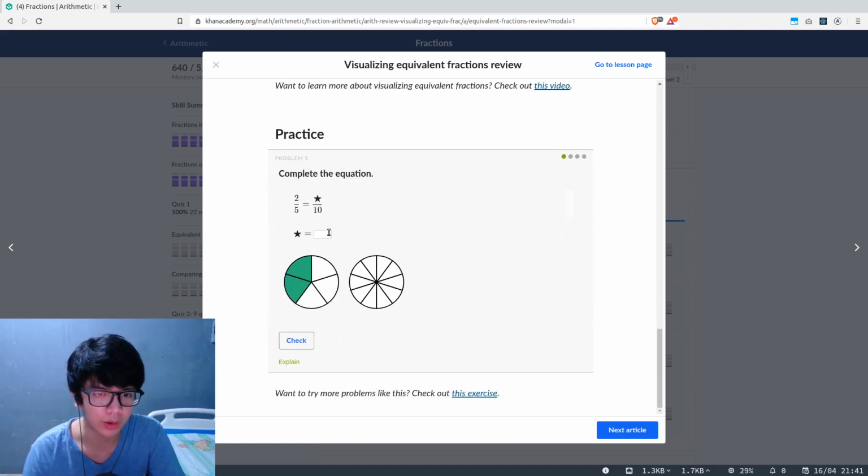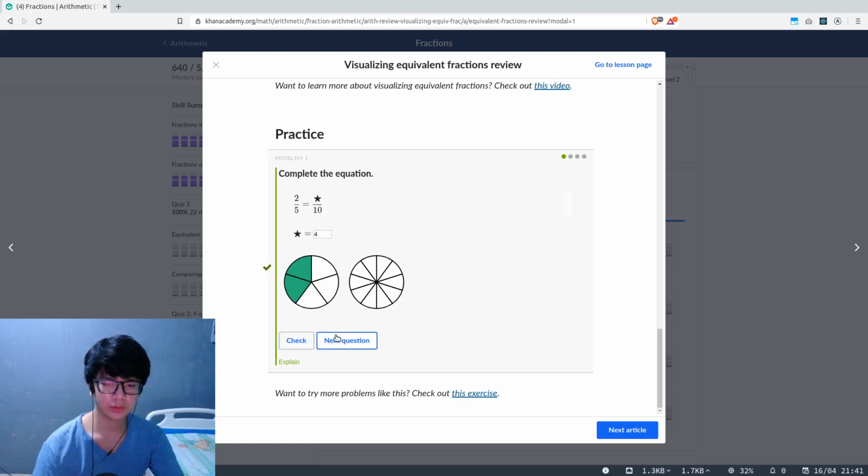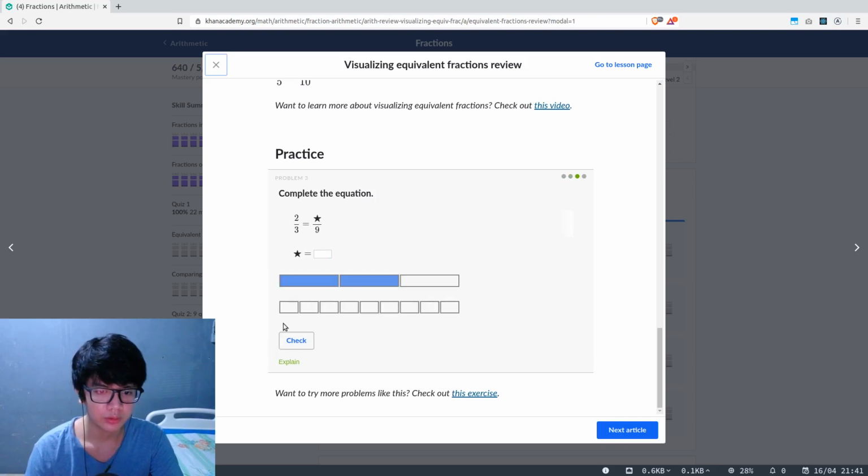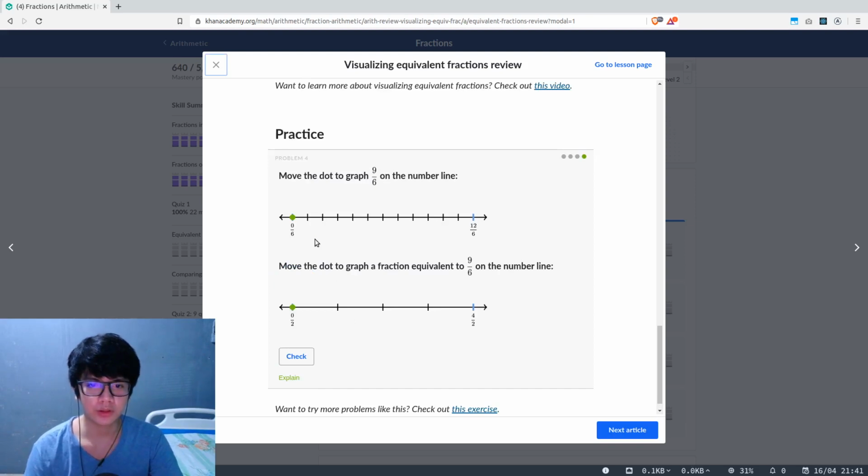Oh wow, that's pretty hard. Practice: move the dot to graph a fraction equal to 2/5 on the number line. Let's guess this one.